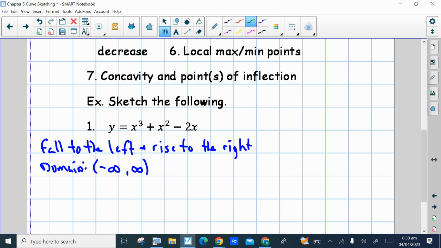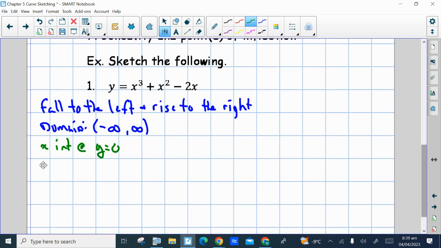Intercepts. Our x-intercept is where y equals 0. It's where x cubed plus x squared minus 2x equals 0. And there's a common factor of x here that we can take out, which is nice because then we don't have to use synthetic division.